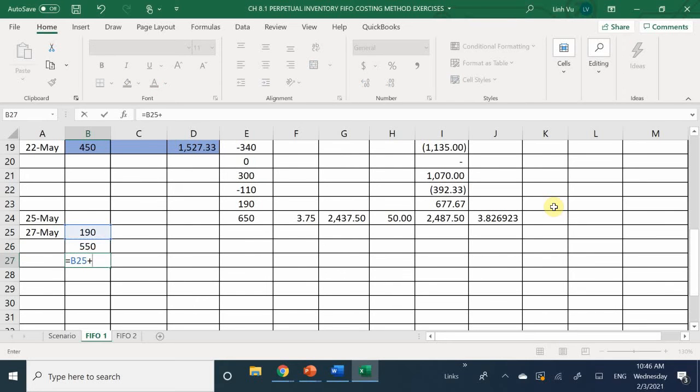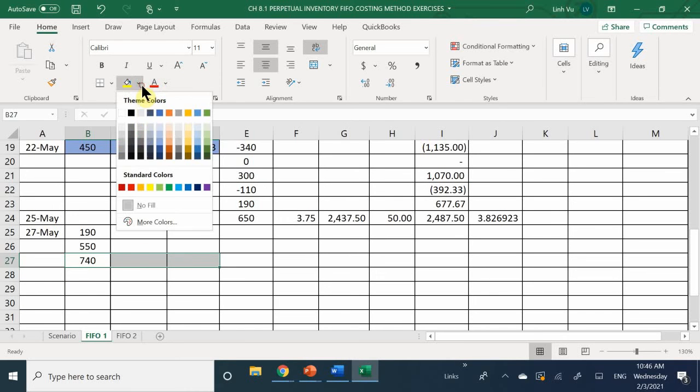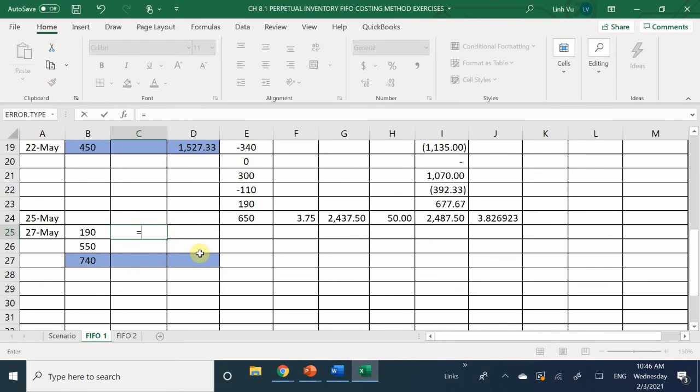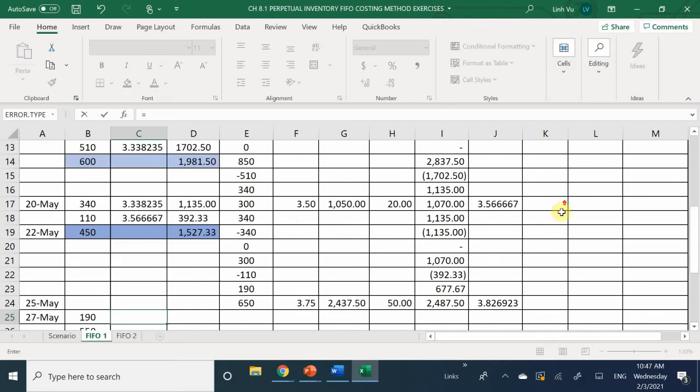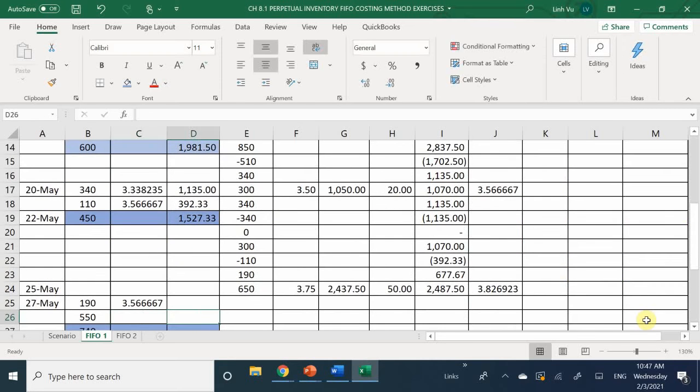Okay, so therefore, I need to do a calculation here, or I need to do a sum. Okay, so again, 190, as we know, we're taking the whole batch, which is this 3.567 ordeal, and we know it's 677.67. I'm going to go ahead and do the equal round here.